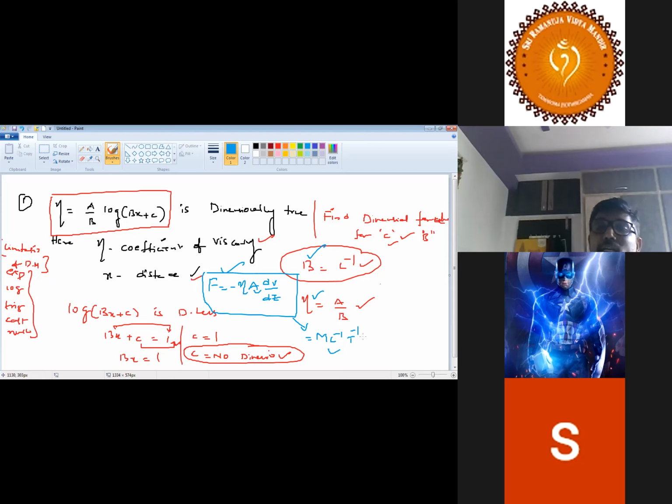If that is right, then you directly substitute here. So M L power minus 1 T power minus 1 is equal to A by B. Already you got B as L power minus 1, right? So A is equal to M L power minus 2 T power minus 1. Is it right? Any doubt? Yes, sir.